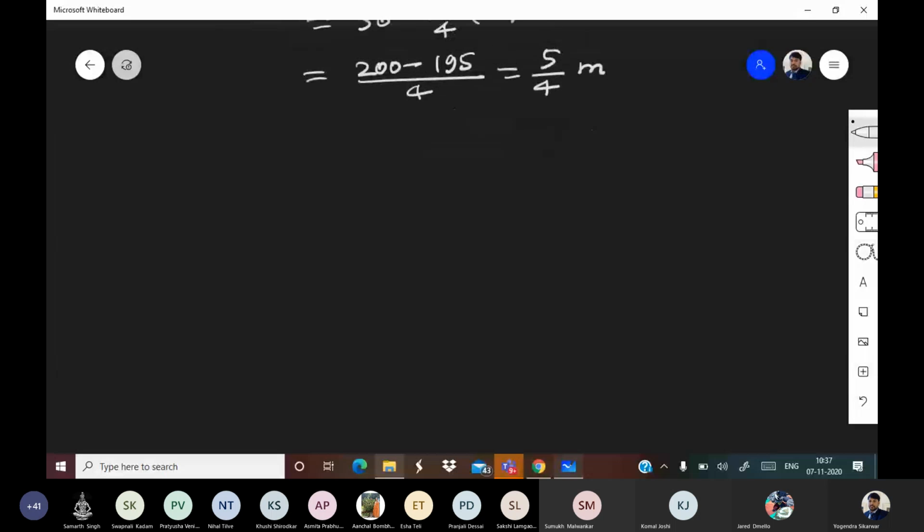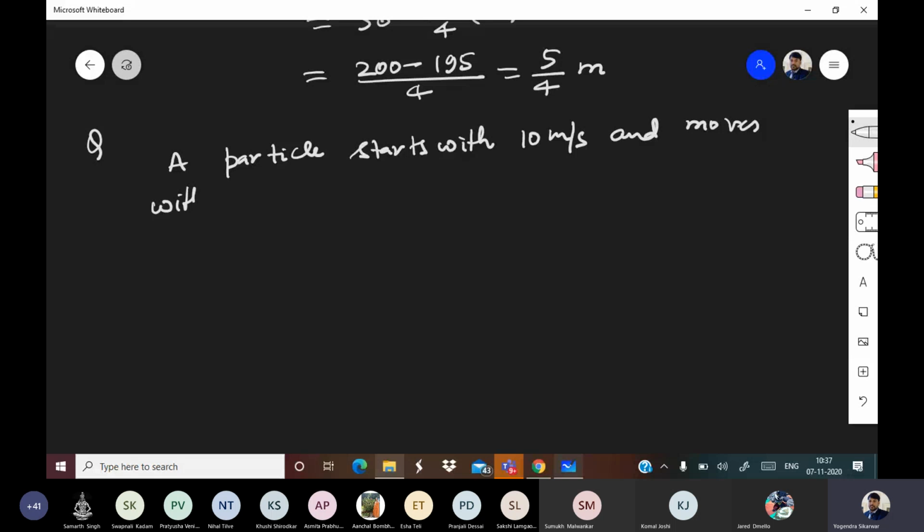Question. A particle starts with 10 meters per second and moves with a is equal to 5 meters per second square.